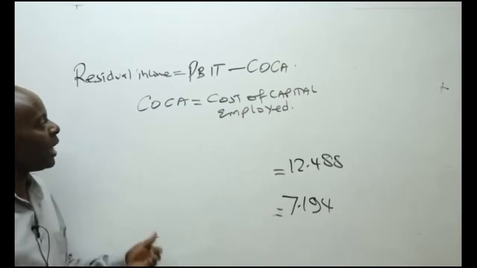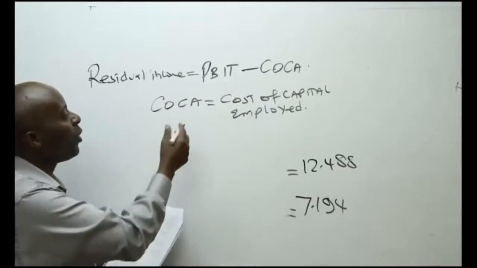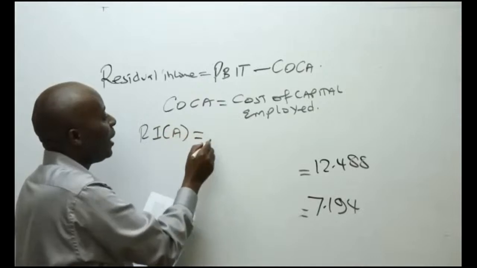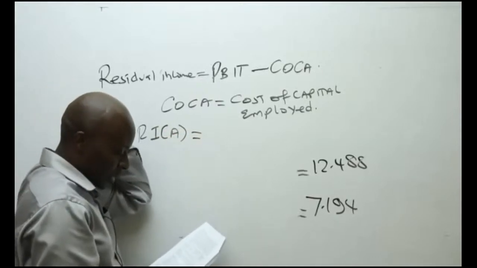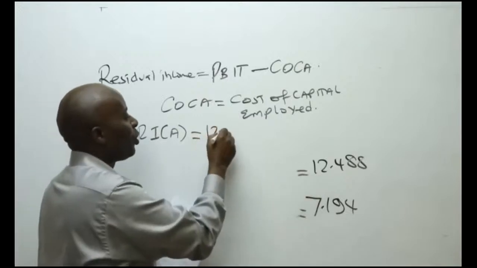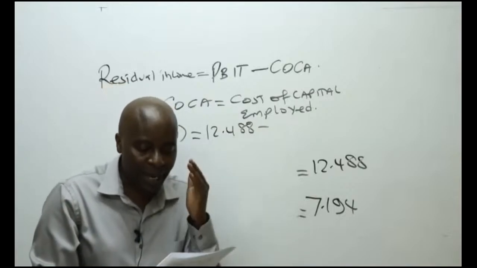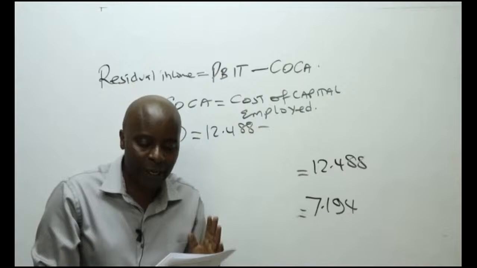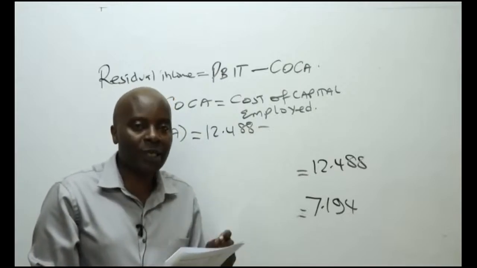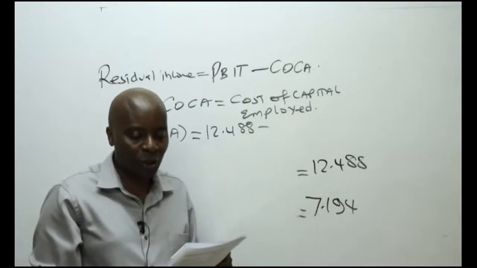Fortunately, we happen to have our PBITs. What I only need to do is to plug in the figures that I have for residual income of company A, which will be equal to PBIT for A, which was 12.488, minus the cost of capital. The examiner had given us the cost of capital up there, which for both divisions is 12%.